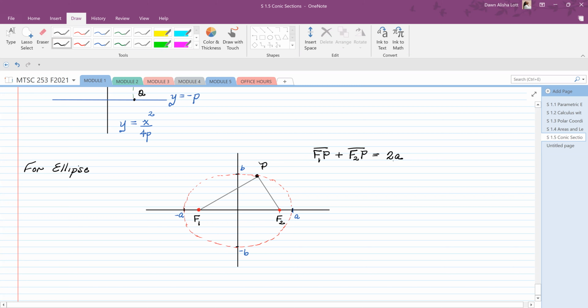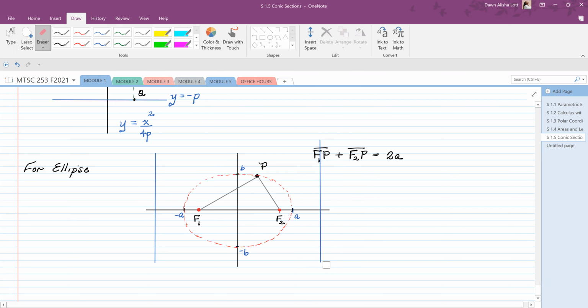Okay. Well, the directrix is here. That looks pretty good.